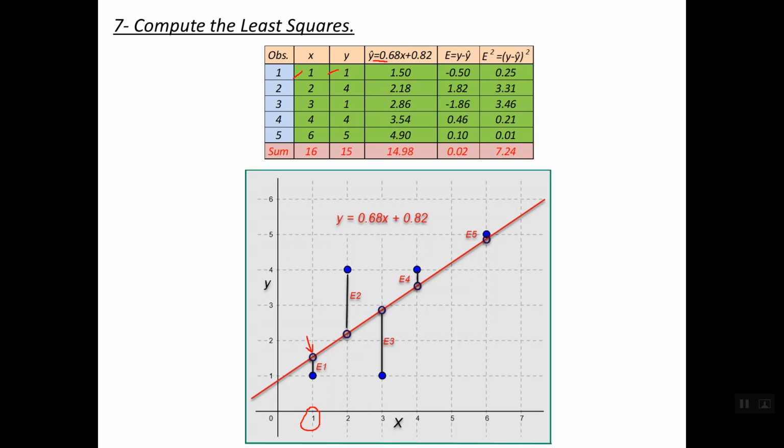We compute it by using the regression line formula, which is 0.68 times x plus 0.82. So we put 1 instead of x, and finally we can get the predicted value of y hat. So the value of E1 now is simply the difference between these two values. Then we square this value.